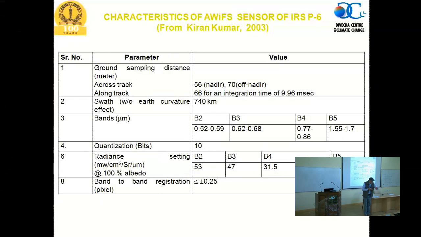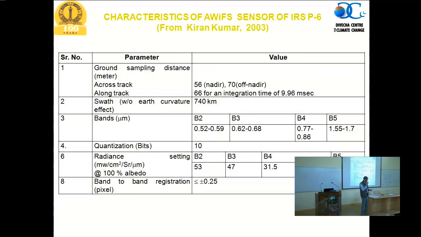If the satellite is moving this way, perpendicular to that. Okay? And it has 56 meters near nadir. What does it mean? Suppose this is the satellite and this is the line, and here it is 56 meters.